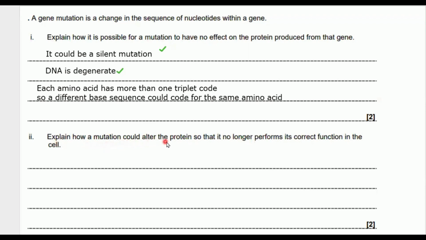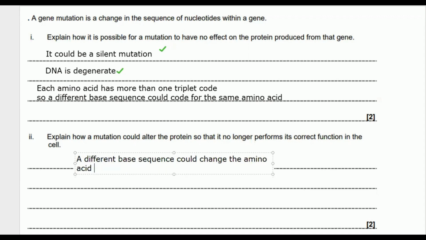Explain how a mutation could alter the protein so that it no longer performs its correct function in the cell. So how could a mutation alter that? Well, a different base sequence or a change in a base could change the amino acid transcribed, so change the primary structure of the protein.